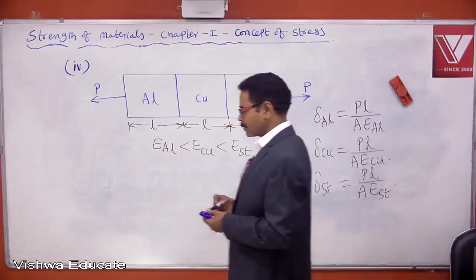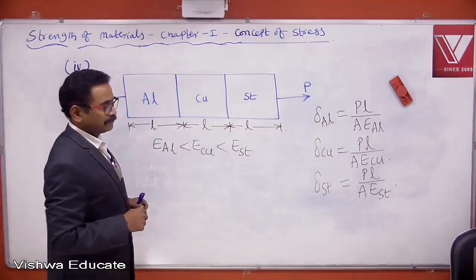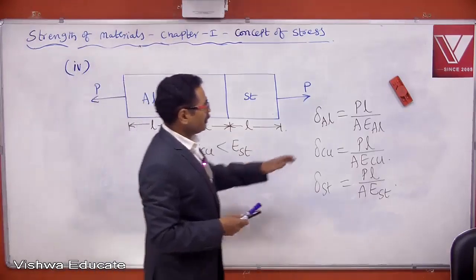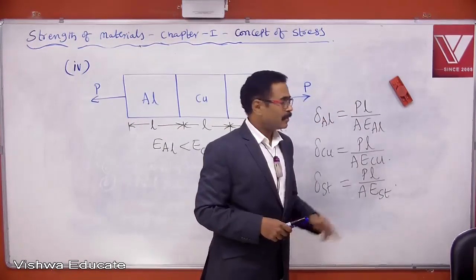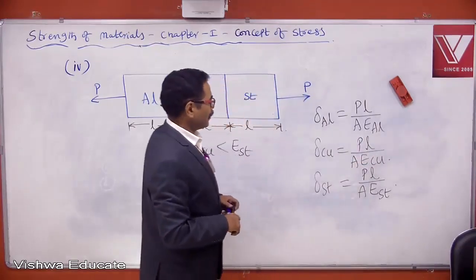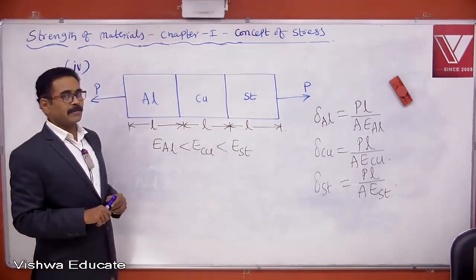Now you can easily tell me which section undergoes highest deformation. P and L are same, A is also same, only variable is E. This E is in denominator. That means in what section may you expect highest deformation?